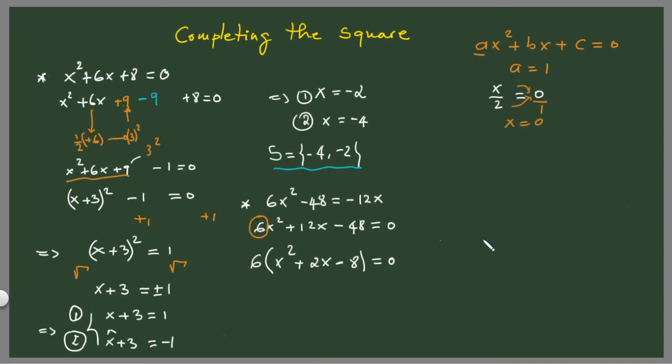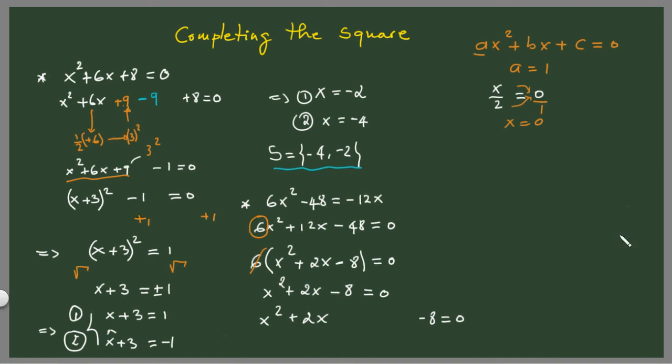So we can get rid of the 6 here, and the whole thing that remains is x to the 2 plus 2x minus 8 equals 0. We start to complete the square right here: we write x to the 2 plus 2x, leave some room here, minus 8 equals 0.